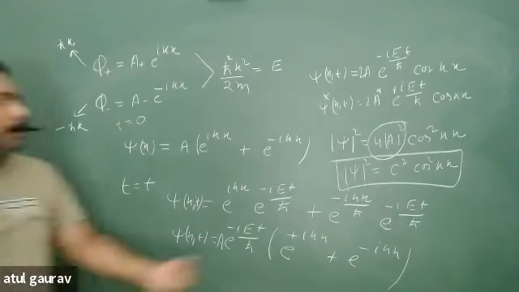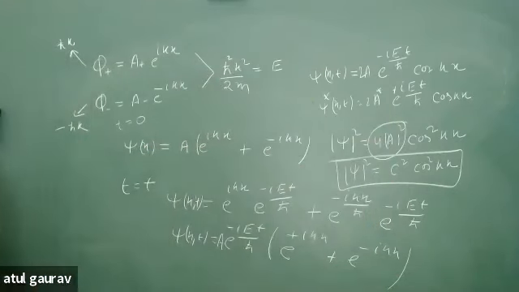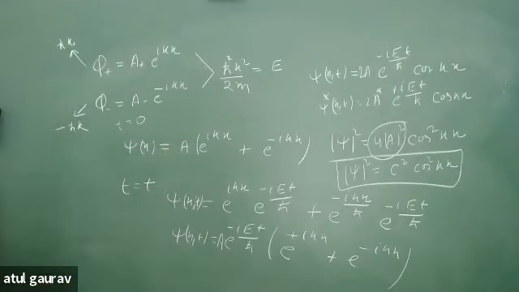The main thing is all about this cos square. This number can be anything, depending on the situation. Are you comfortable up to this? Yes, sir. Okay, because some people have difficulty noting down, so that is why I am taking time.